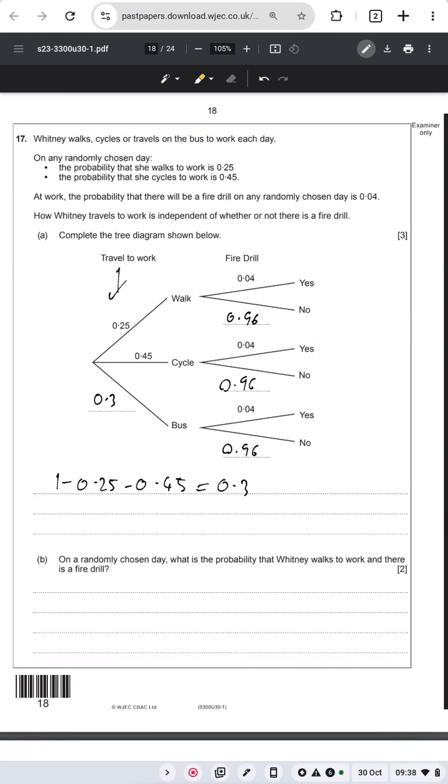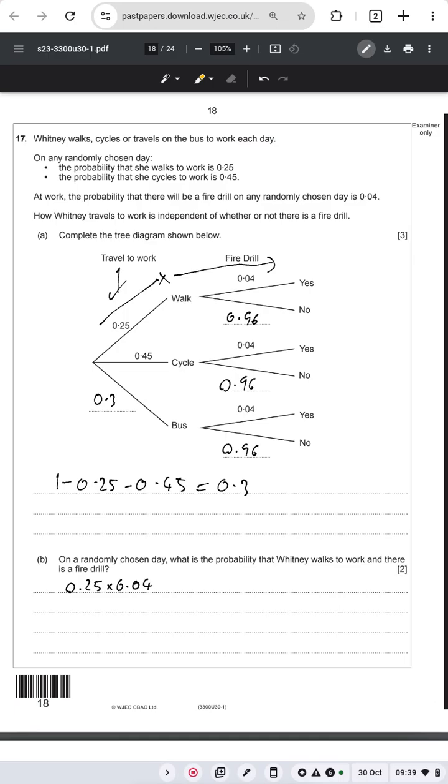So on a randomly chosen day, what's the probability that she walks to work and there is a fire drill? So for this, we're going to go along a branch and along here. So we multiply when we do this. So we have 0.25 multiplied by 0.04.